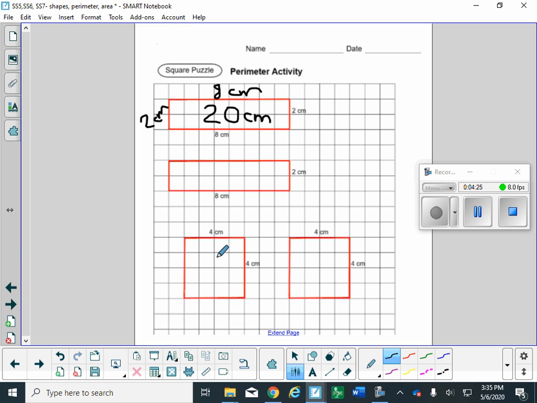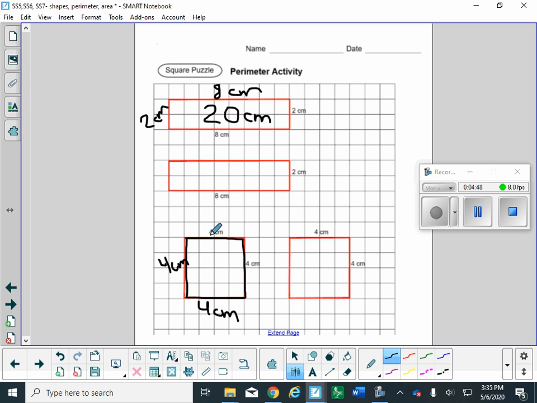So if this is 4 centimeters, then I know this is also 4 centimeters. And if this is 4 centimeters, I know this is 4 centimeters. Because a square, all sides are the same length. So I have to add up 4 plus 4 plus 4 plus 4.